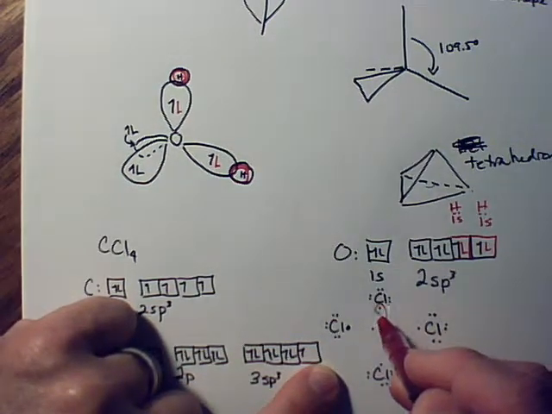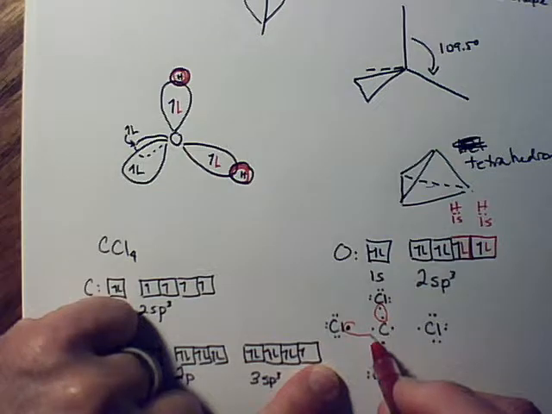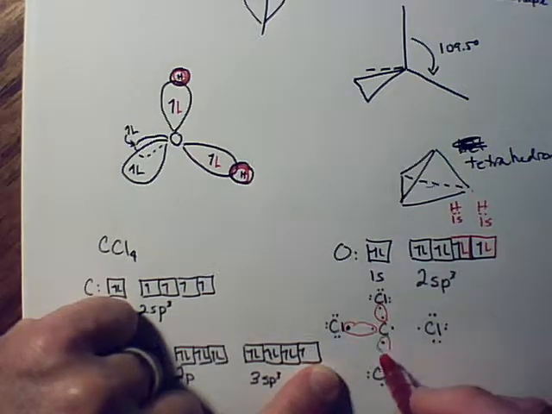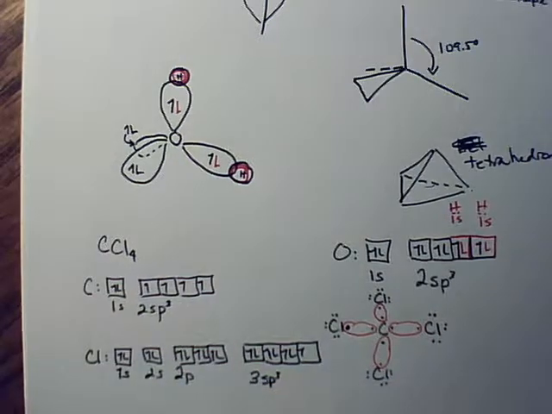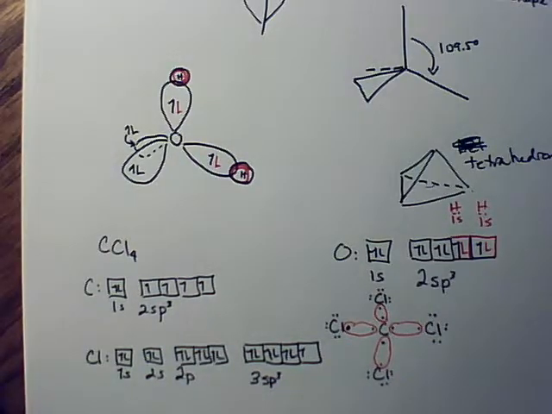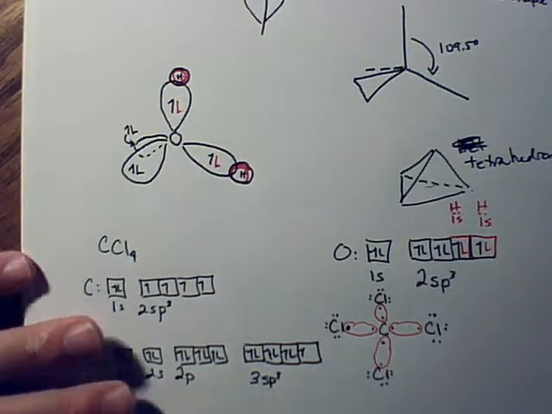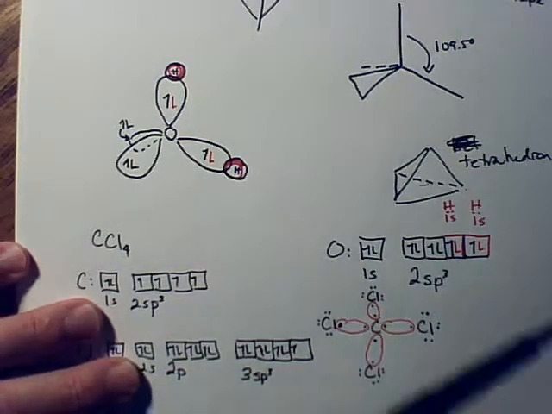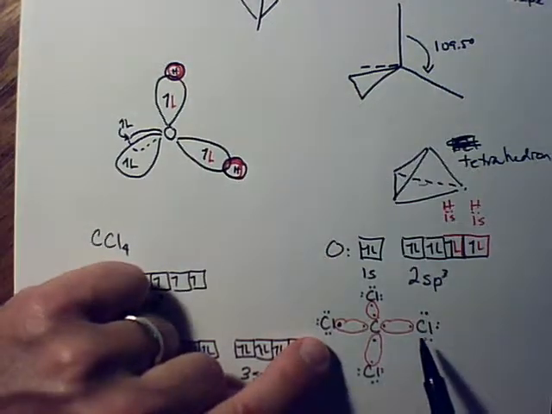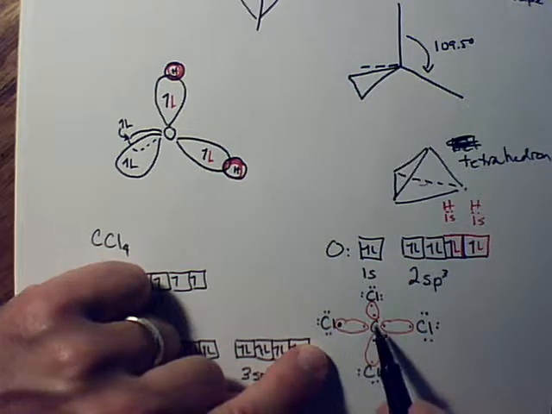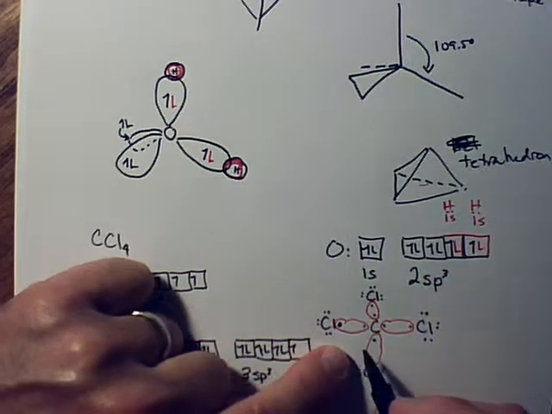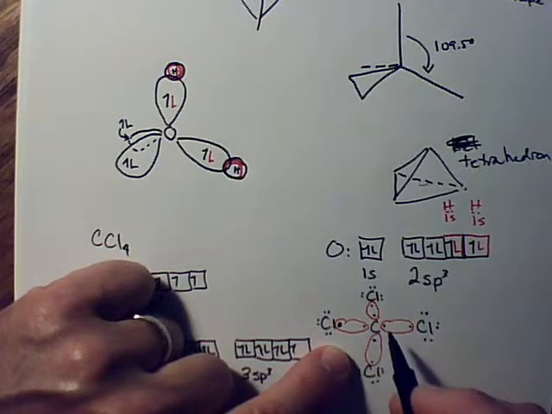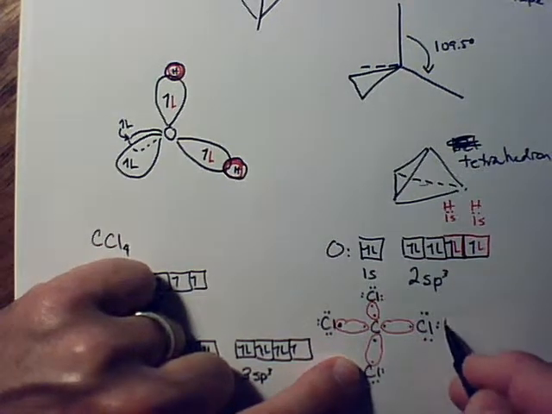So we can show that we share those 2 electrons in an orbital just by circling them. Looky here. We started out with just electron dot formulas for carbon and 4 chlorines. We showed the sharing arrangement just by putting circles around the electrons that are going to share.